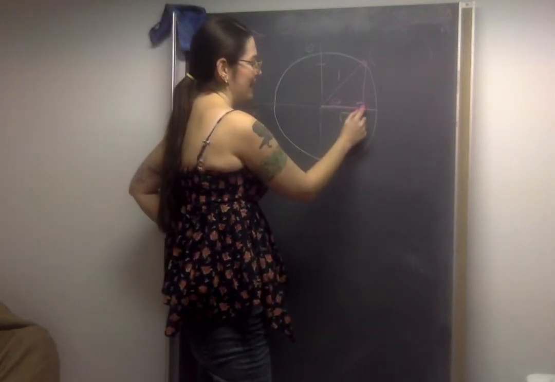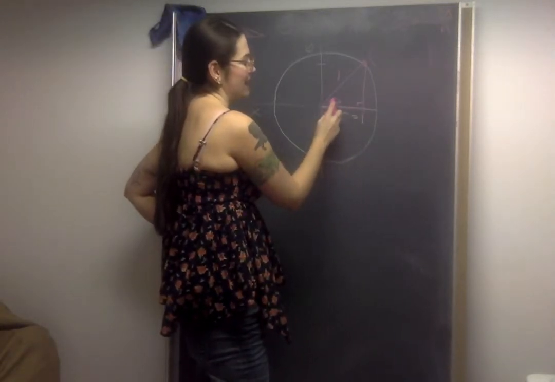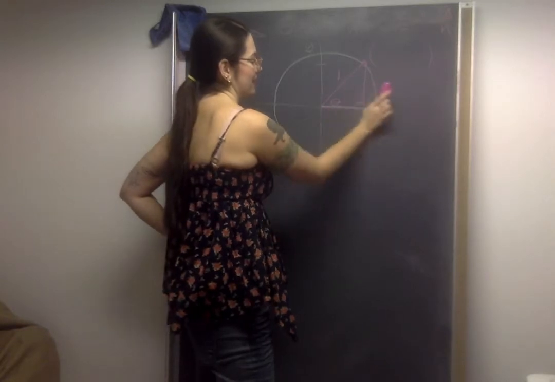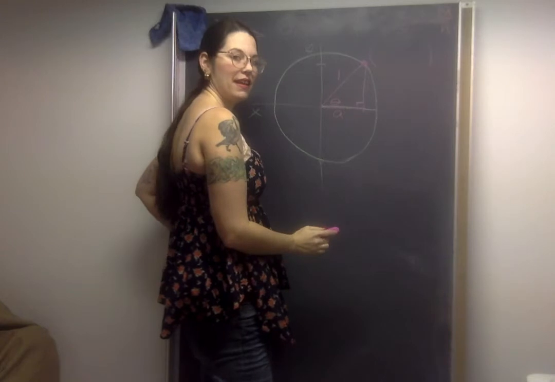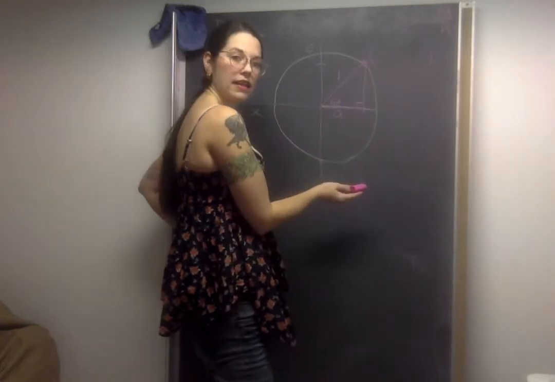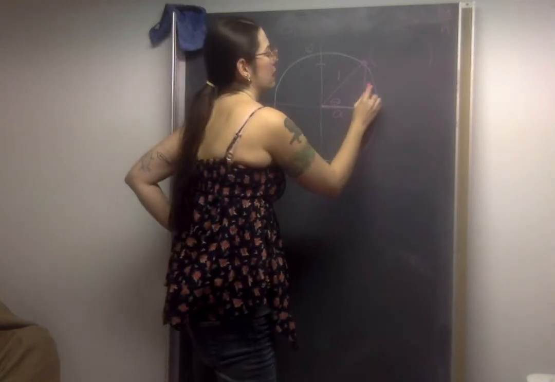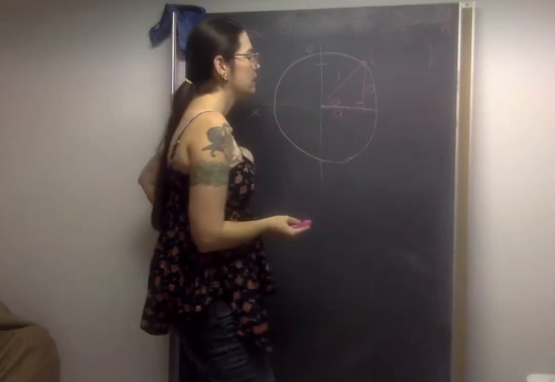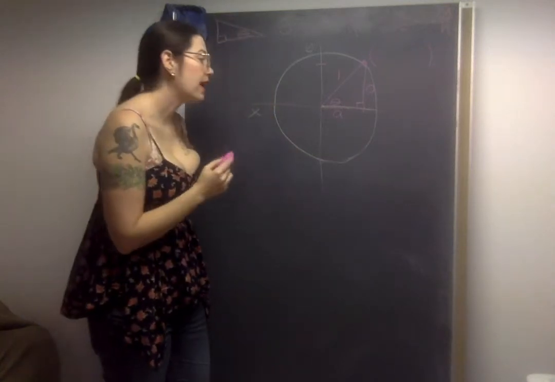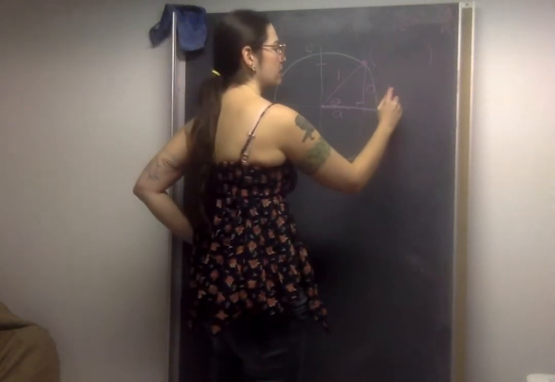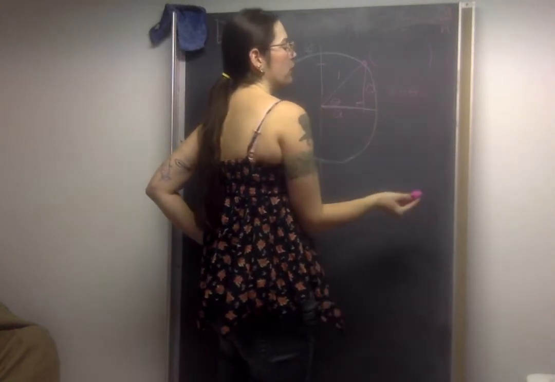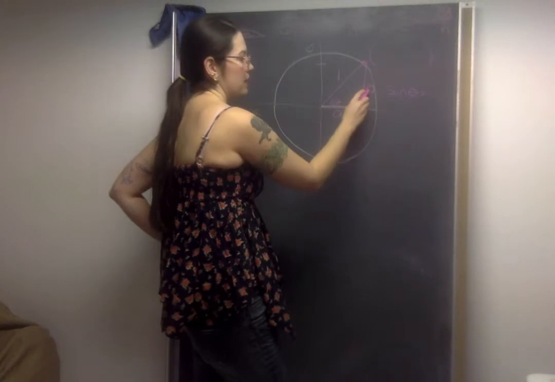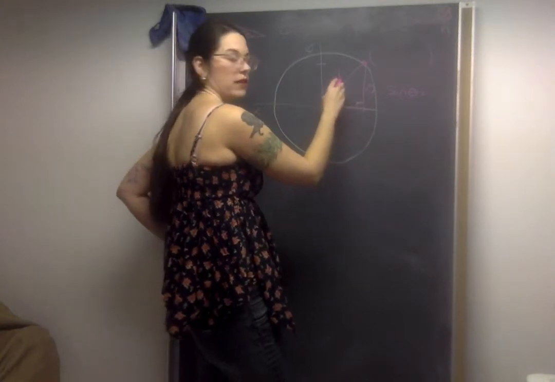This line is adjacent to theta. This line is opposite theta. So, the sine of theta would be the opposite over 1.